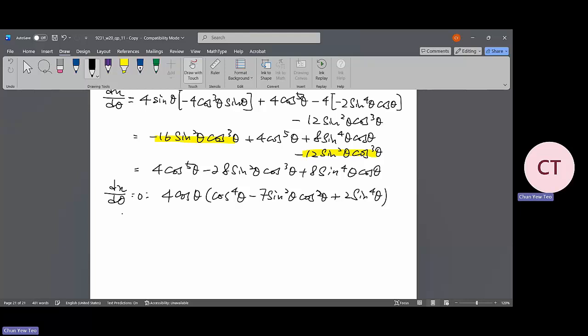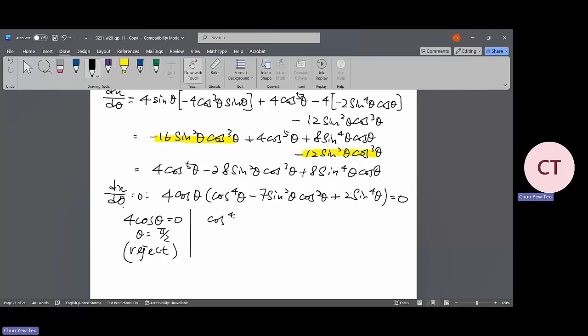Okay, so your dx d theta will be equal to 0. That means cos theta equal to 0, theta equal to pi over 2 is rejected. Then left with the one in the bracket equal to 0.